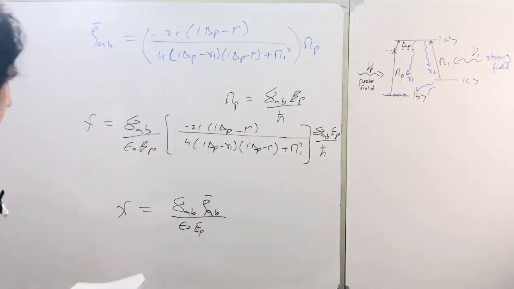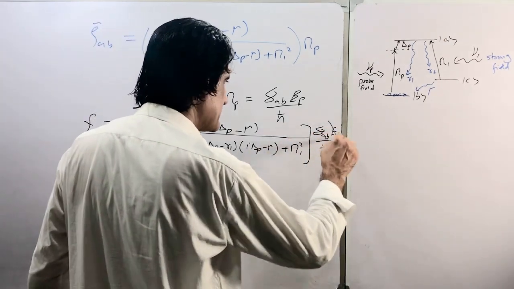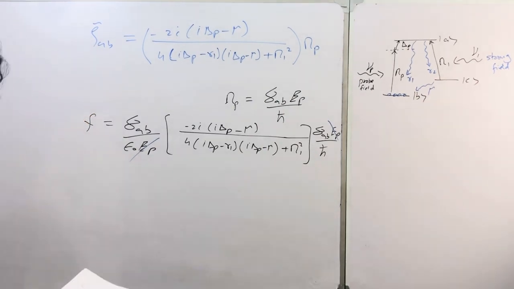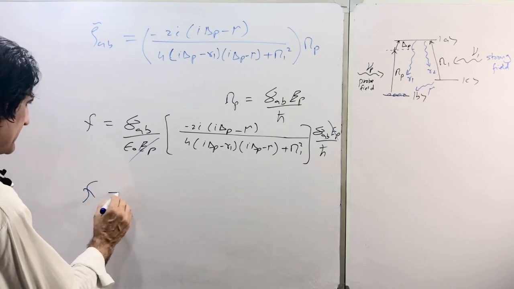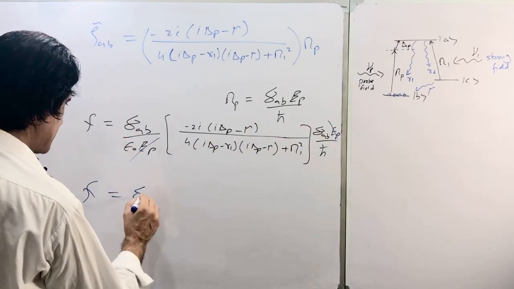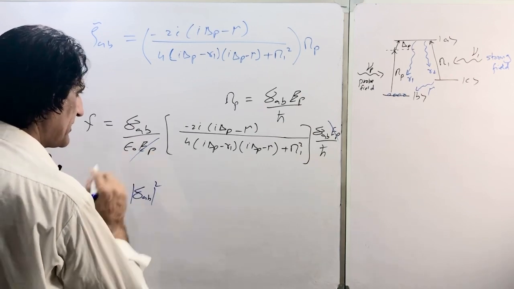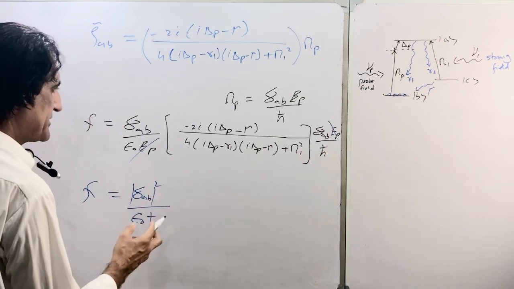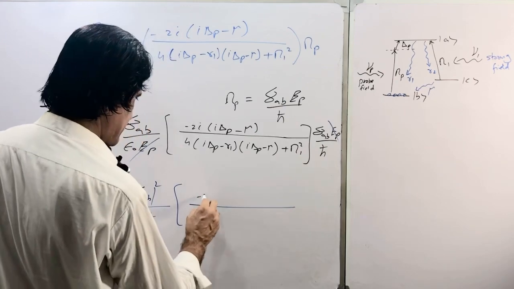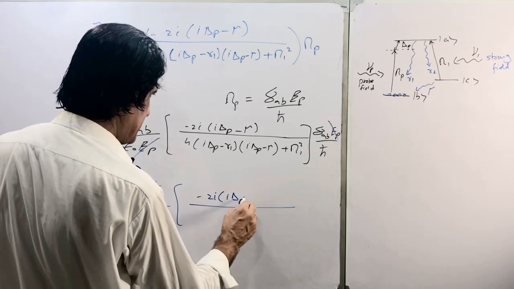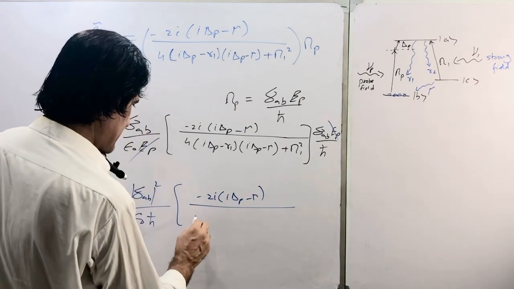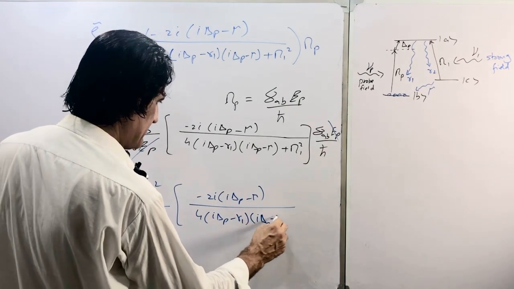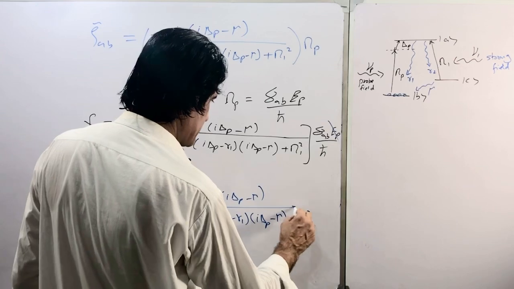So let's see, this EP will cancel with this one, and finally we have the susceptibility, which is equal to this: PAB absolute square divided by epsilon naught H cut and minus 2 iota delta P minus gamma, 4 iota delta P minus gamma, 1 iota delta P minus gamma plus omega 1 square.